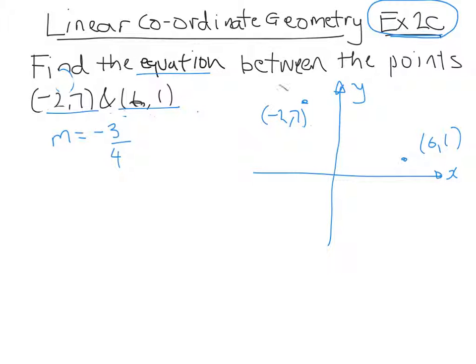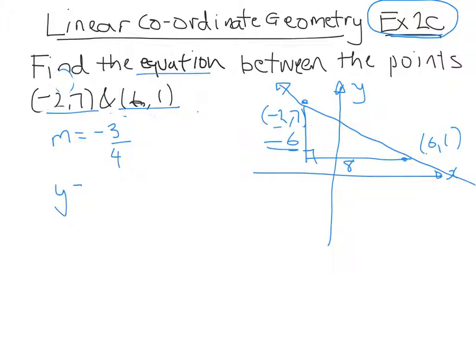The line between these two would go something like that, so that kind of makes sense. From negative 2, 7 it would have to be 6 down, and from negative 2 across to 6, that's 8 across. So that makes sense that the gradient was minus 3/4.